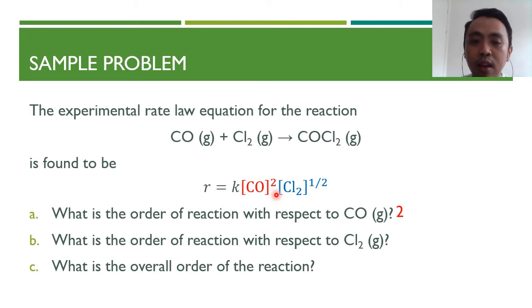For letter B, the order of reaction with respect to Cl2 is simply the exponent of the Cl2 in the rate law equation. Our answer for letter B then is 1/2. And finally, to get the overall order of the reaction, all we need to do is add up the exponents. So using our calculator, 2 plus 1/2 gives us 5/2 as the overall order of the reaction.